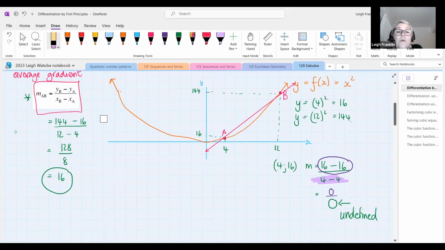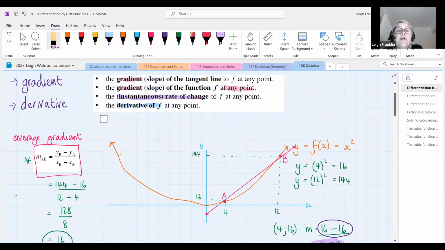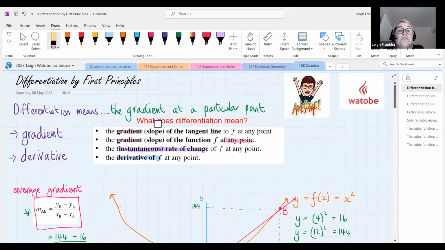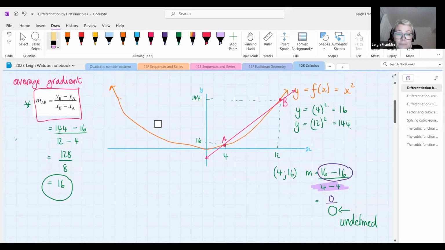So a long time ago, some very clever people discovered something different. This is what they found when they did it by first principles. That's what we're talking about today. They said, let's take the same question, but let's think about it in a different way. Instead of working with numbers, let's get rid of the numbers.